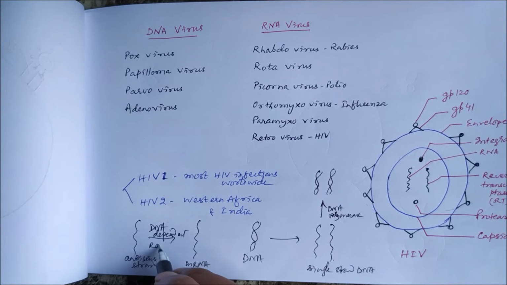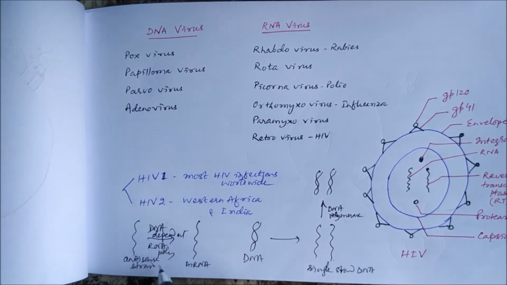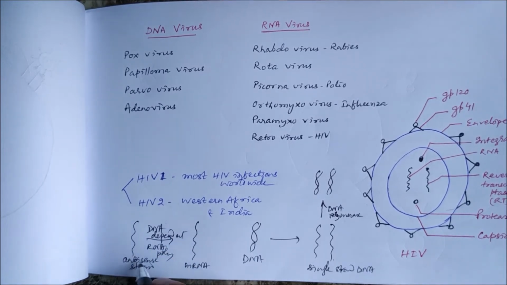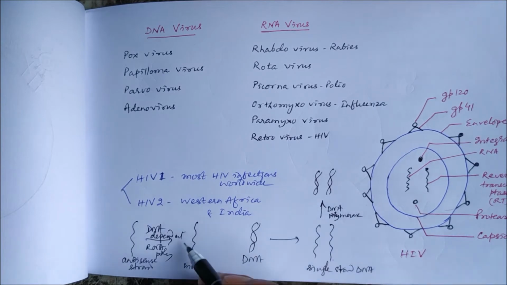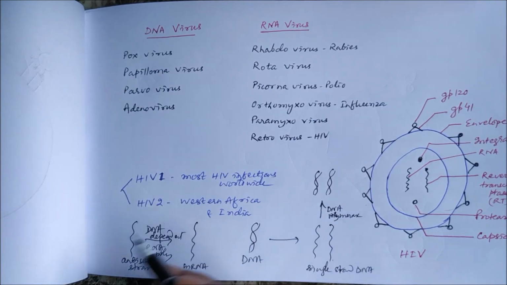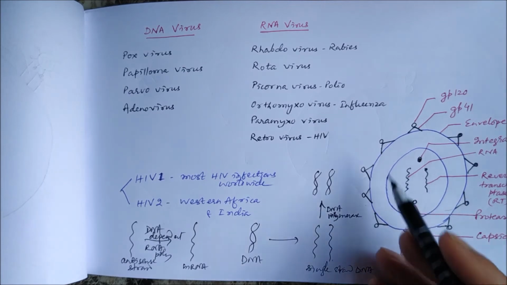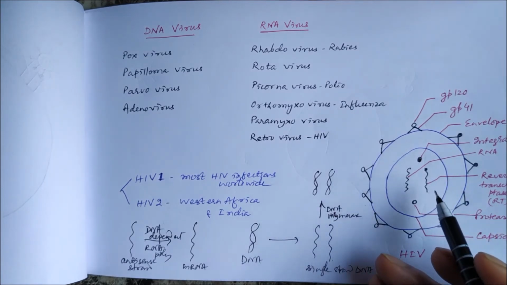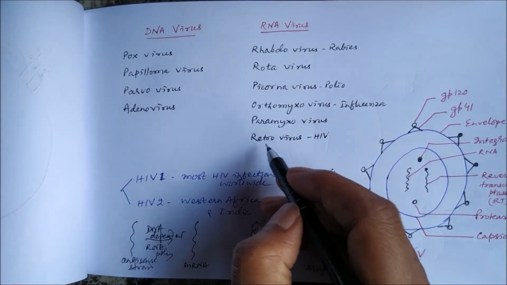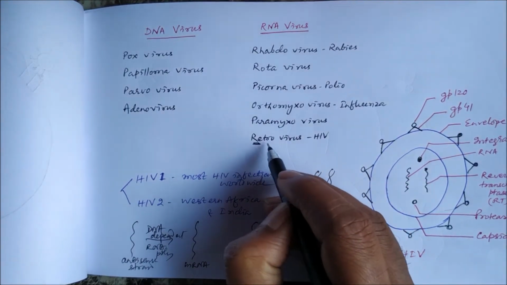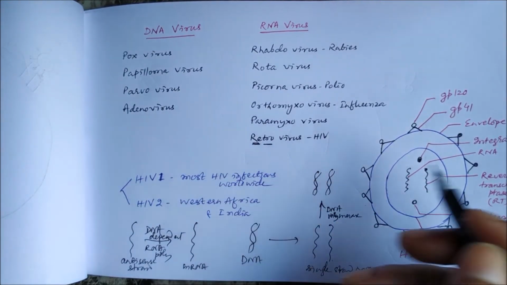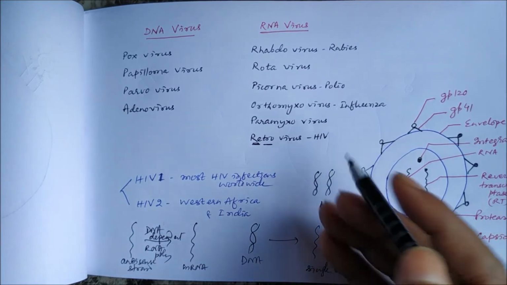So this process is called transcription, DNA to RNA, and reverse transcription, that is RNA to DNA, is required in this retrovirus or HIV. That's why the reverse transcription is required. So this virus is called retrovirus.